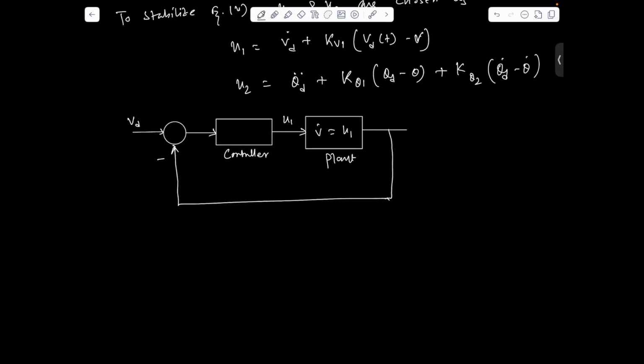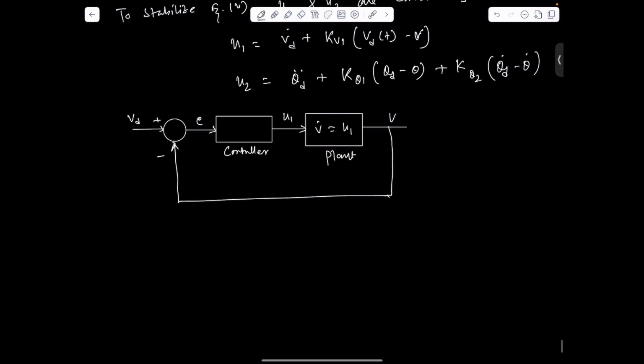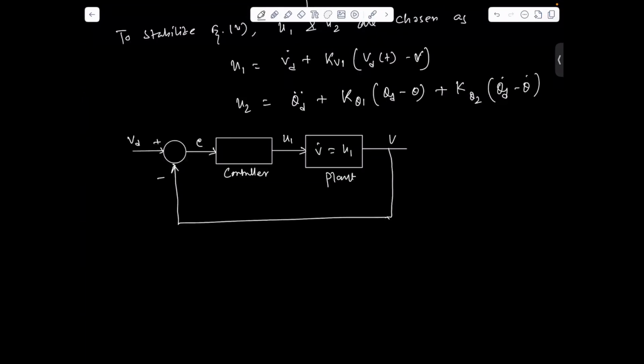This is negative, and this is positive. The output variable from this plant is V. Now, if you notice, this is the error, so our error is V d minus V.